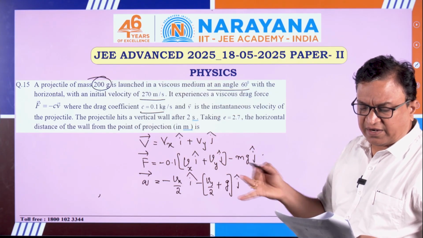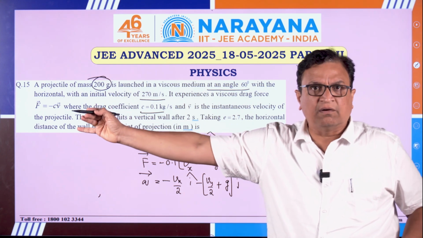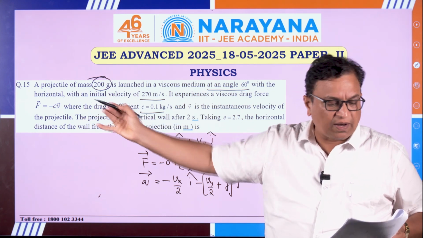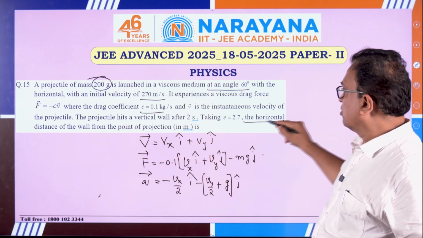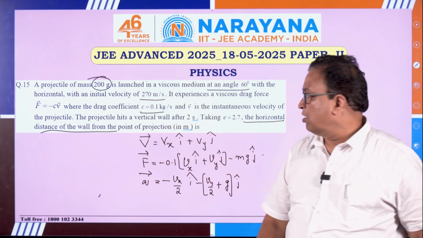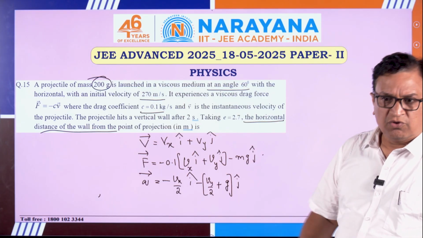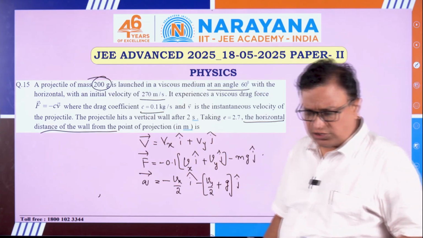Now we study differently. You want basically the x coordinate. Wall refers to the x coordinate. That too you asked, where, the horizontal distance of the wall from the point of projection. So you want the x value, right? Fine, no issues.